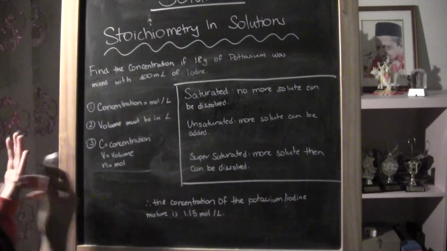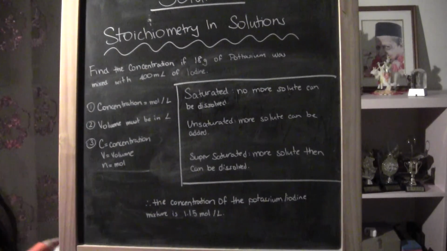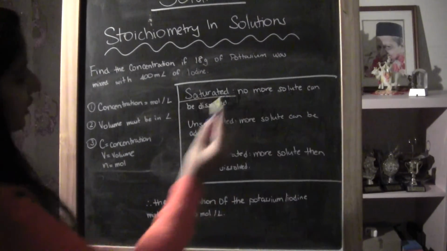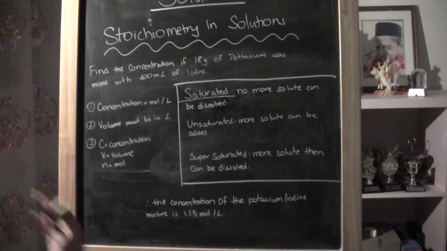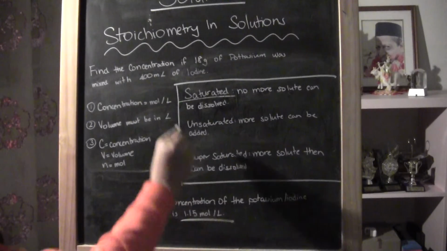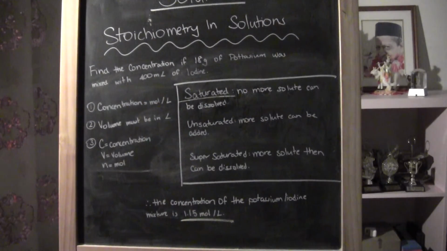Well, you can figure out how much solute you would have to make it saturated through the internet or through your own experiments. And once you figure out the concentration level, you can determine which one of these categories it would fall into.